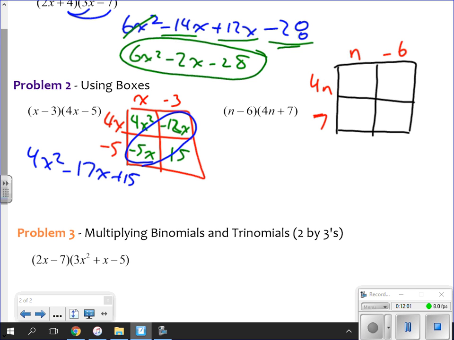Okay? Fill in the squares. If you have not already done so, take a moment to fill in the squares.